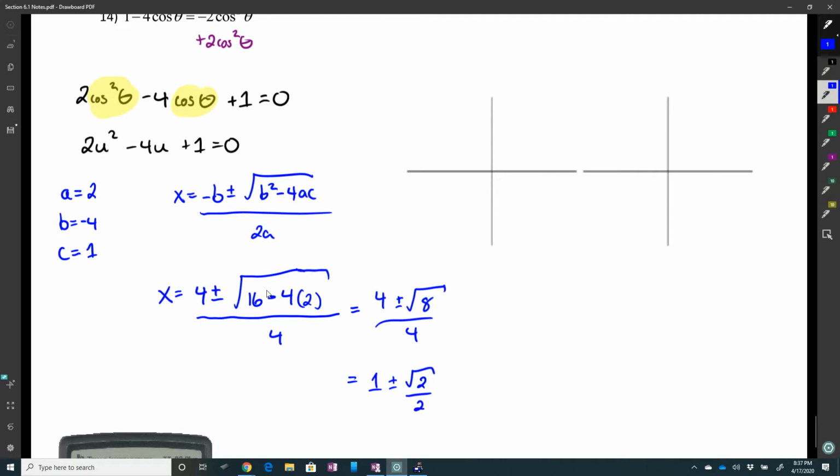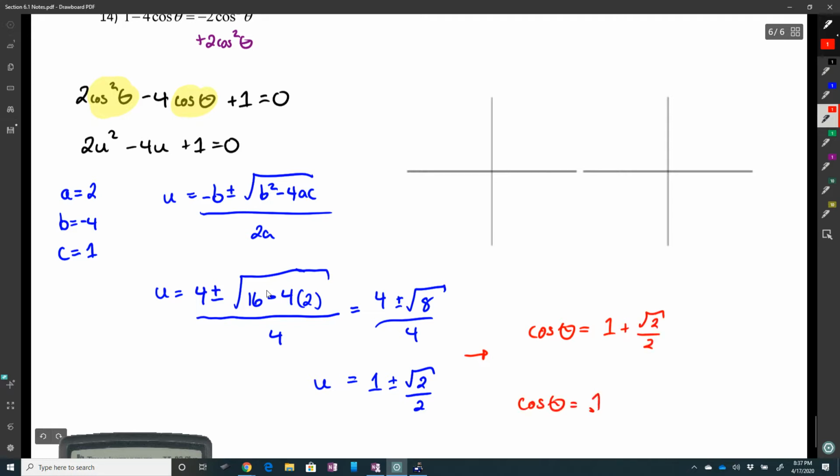Oh, and it really shouldn't have been x. It's really u, because that's the variable that I'm using. So u is equal to those, but u is cosine. So that means cosine theta is equal to 1 plus square root of 2 over 2, and cosine theta is equal to 1 minus square root of 2 over 2.